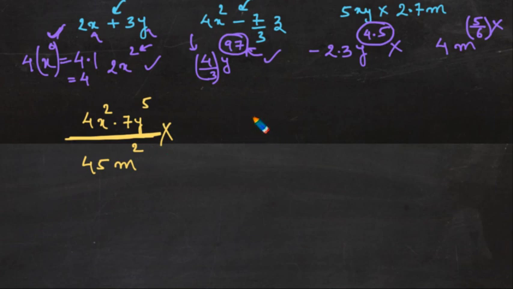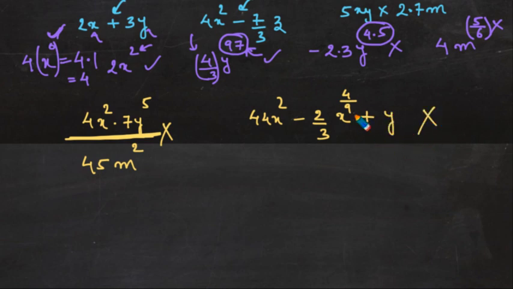Similarly, let's say we have 44x squared minus 2 upon 3 x to the power 4 by 9 plus y. This will not be a polynomial because the power of this variable is a fraction, not an integer. Similarly, let's say we have 2x minus 5 square root of y.